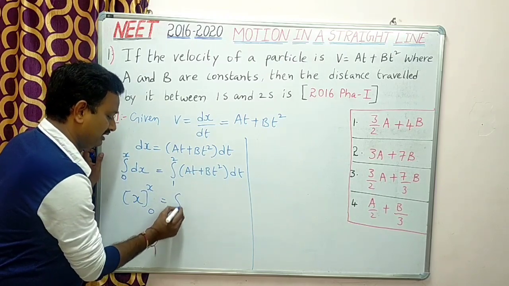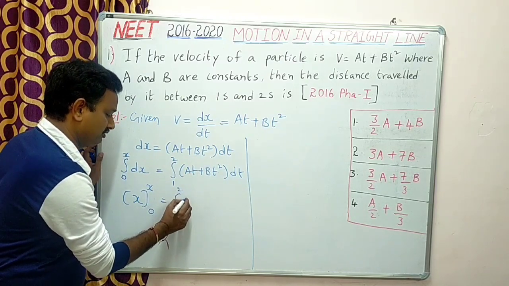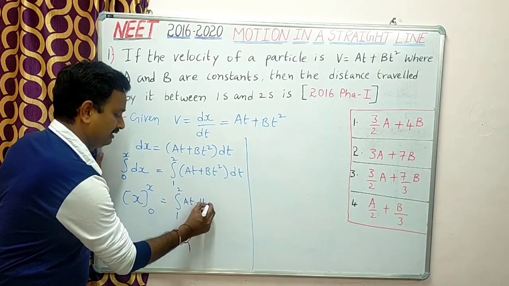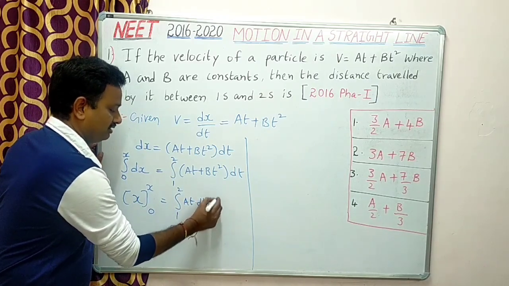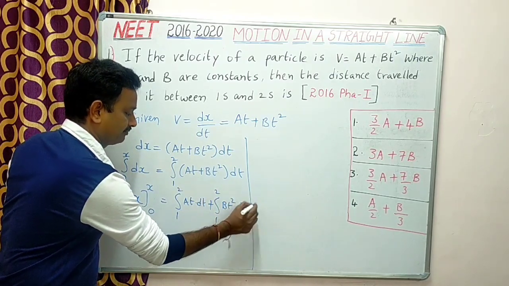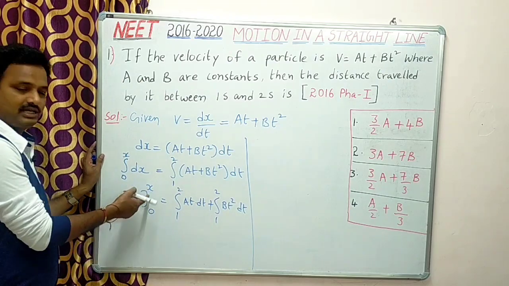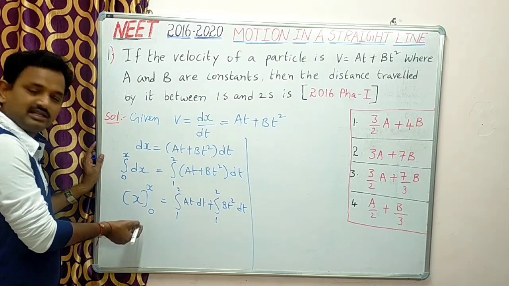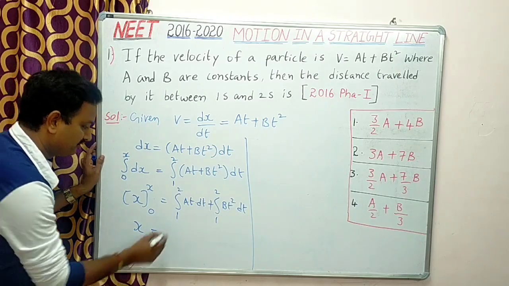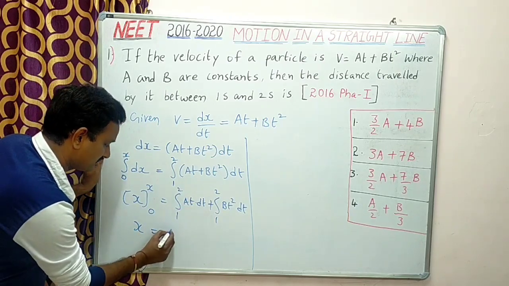So now I will distribute these integrations to these two terms. So what I will write? Integration 1 to 2 at into dt plus integration 1 to 2 bt square into dt. Okay, so here upper limit minus lower limit, in the LHS I will get x. So x equal to, see, I will write a outside.